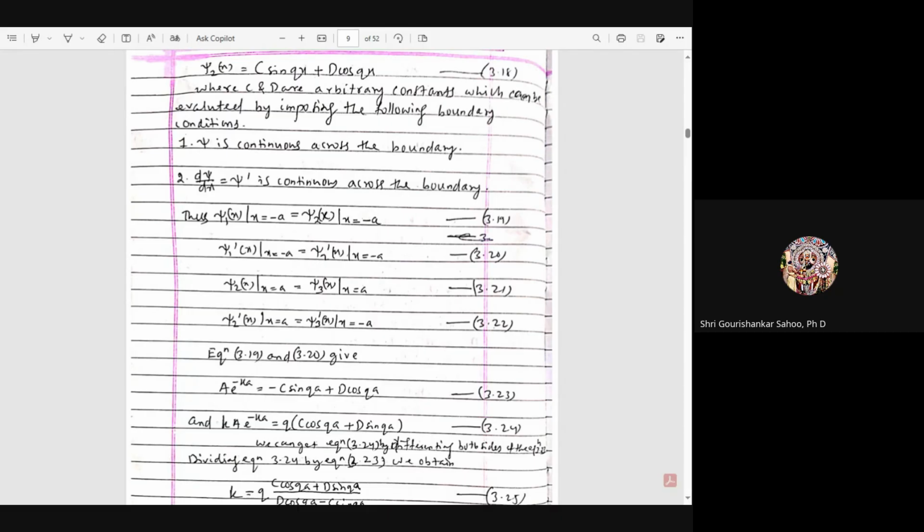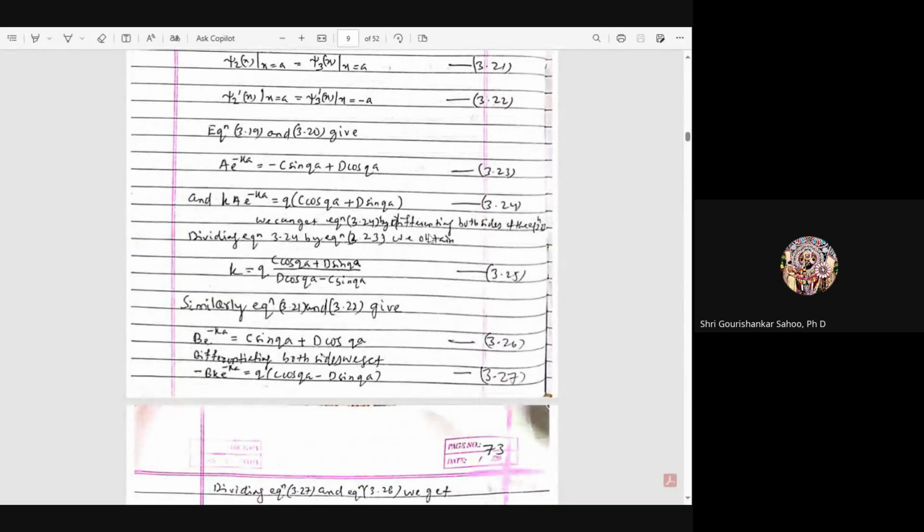So a e to the power minus k a can be written as minus c sin qa plus d cos qa, and k a e to the power minus k a can be written as q multiplied by c cosine of qa plus d multiplied by sine of qa. You get this equation by differentiating both sides of the equation.